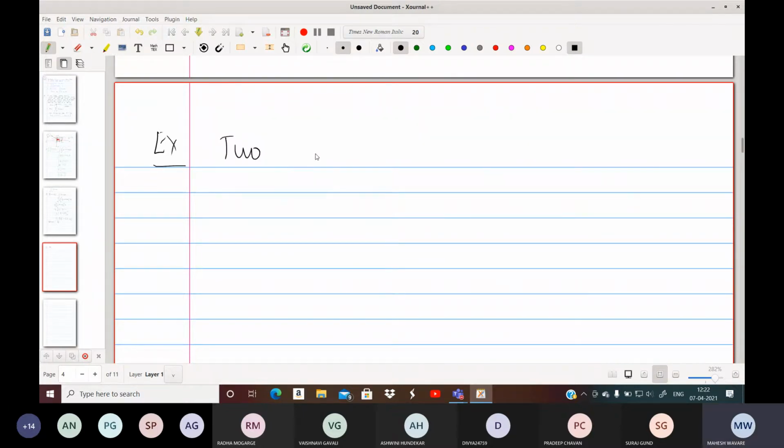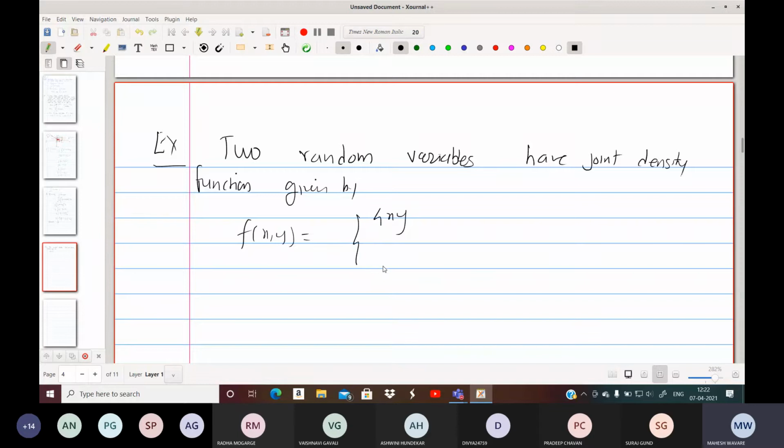Two random variables have joint density function which is given by f of x comma y is equal to 4xy, where x is from 0 to 1 and y is similarly from 0 to 1, and 0 elsewhere.